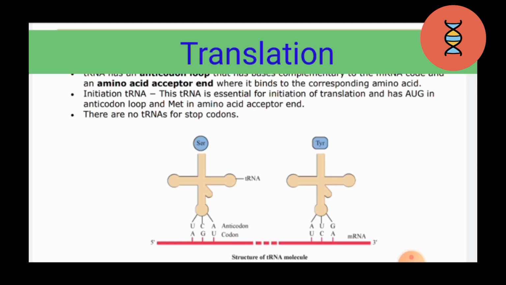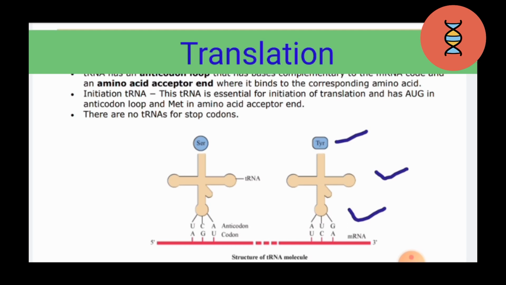First, let me show. So this arm is the amino acid attachment arm. This is a specific amino acid attachment site. And this one is the anticodon arm, anticodon loop. And this one is the T loop.